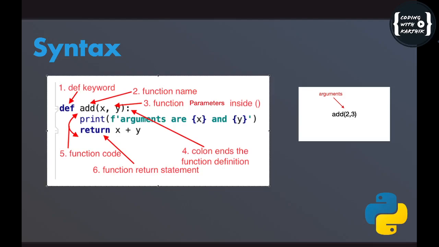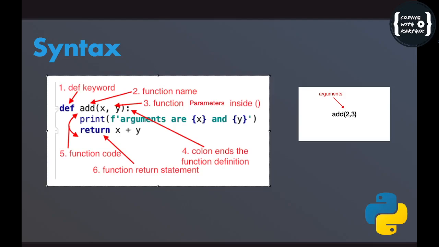We are returning the addition of x plus y, so this is a return statement. Also you can see the colon: we have to give the colon to define the function, and then we start the function body after the colon. This is the function syntax. Now when we are calling the function, we just use the function name and pass the arguments.